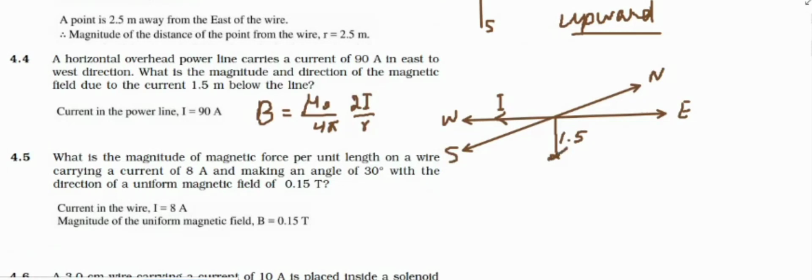The magnetic field will come like this at this point. So the magnetic field is towards south. You get the magnetic field towards south, provided you consider the axes east to west, north south, in a horizontal plane. You have to consider that, and only then you get the answer in that way.